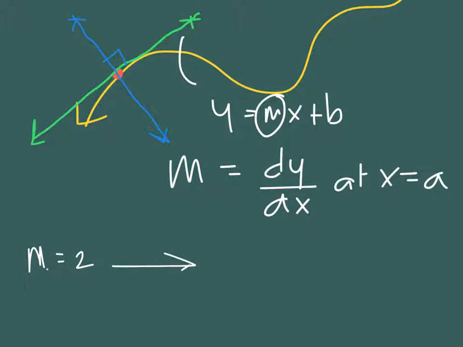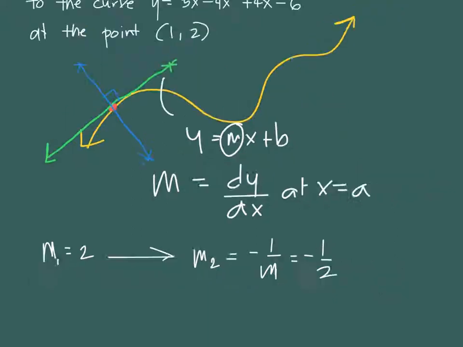So if this is m1, the m2 is negative 1 over m1, which is negative 1 over 2. It's a negative reciprocal. So that's how you extend the solution later on. If you want to find the normal line, make use of the idea that the slope of the normal line is the negative reciprocal of the slope of the tangent line.